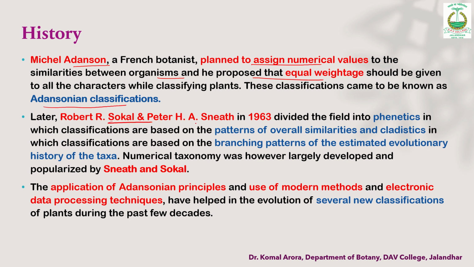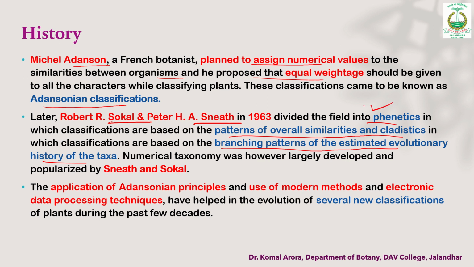Later on, Sokal and Sneath, who contributed the most to this type of taxonomy, studied phenetics, in which classifications were based on the patterns of overall similarity, and cladistics, in which classifications are based on the branching pattern of the estimated evolutionary history. So they divided this study into phenetics and cladistics.